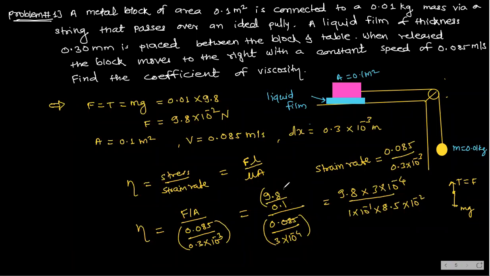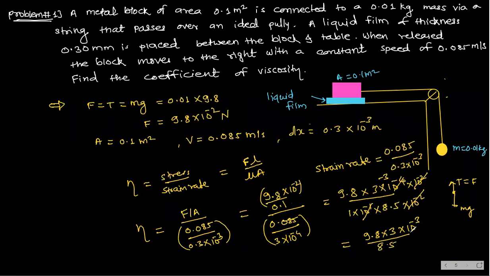Here you write minus 2 also. Okay. 9.8 into 10 to the power minus 2. So here one more 10 power minus 2. Okay. Now this minus 2 and this minus 2 cancel. This minus 1 cancels with this. So this is minus 3. 9.8 into 3 into 10 to the power minus 3 divided by 8.5.